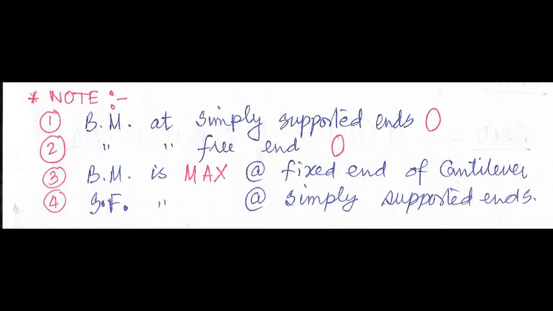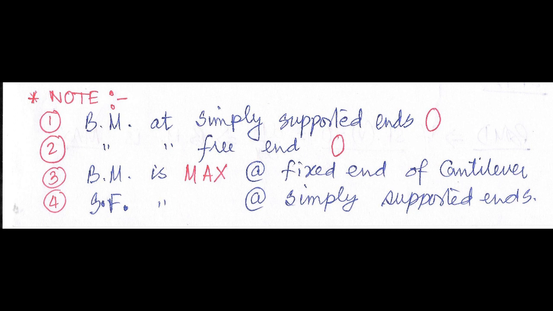Before starting the numericals in my next video, please remember a few points. Point to be noted, number 1, bending moment at the simply supported ends is 0. Number 2, bending moment at a free end is 0. Free end means the free end of a cantilever, or it can be the overhang part of an overhanging beam.